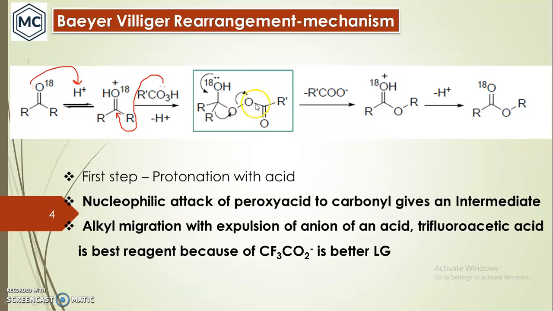In this intermediate, the oxygen bond is very weak and breaks very easily by the expulsion of a very important leaving group, RCOO minus, which is a very good leaving group.